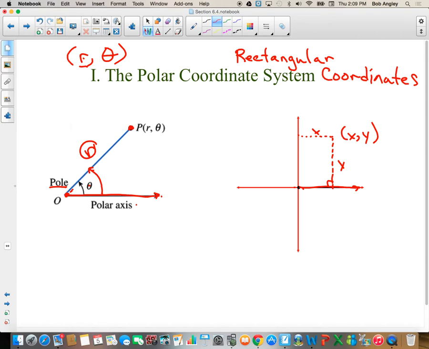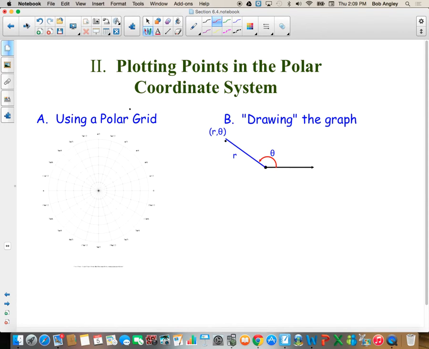When we have polar coordinates, one number represents a distance, one number represents an angle. Now let's talk about plotting points in the polar coordinate system. There are two ways to do it. Let me make one drawing here. Suppose I gave you the number 140 degrees.